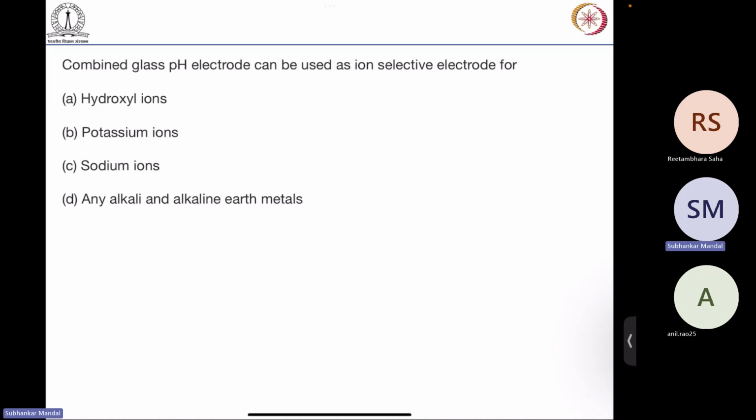Okay, Ritambhara, I think Ritambhara only. So C is the answer. C means sodium ion only. Can you tell why sodium ion only?